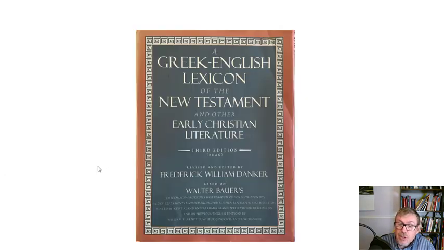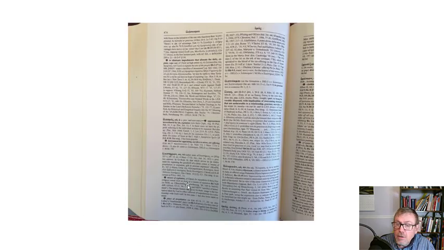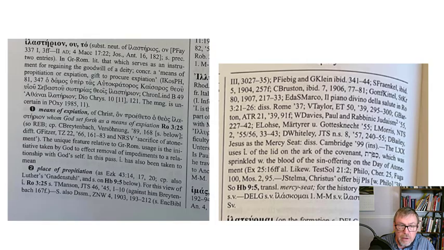Another resource that's well known is this dictionary, often called BDAG. As you can see, here's that abbreviation. It's for the authors Bauer, Danker, Arndt, and Gingrich. And here's their listing of hilasterion. Let's zoom in a little bit to their definition.